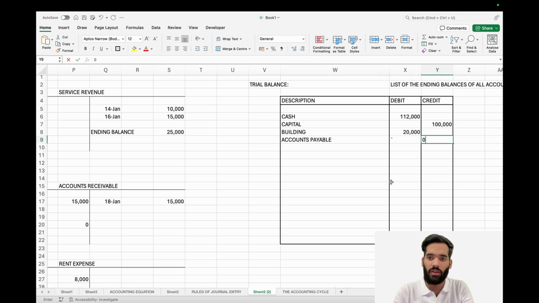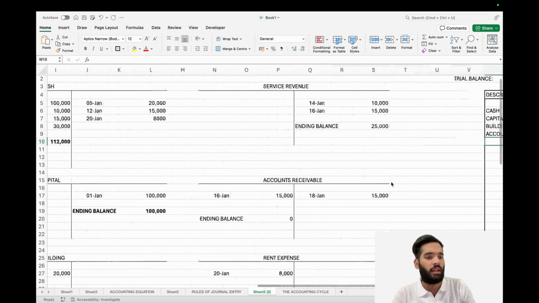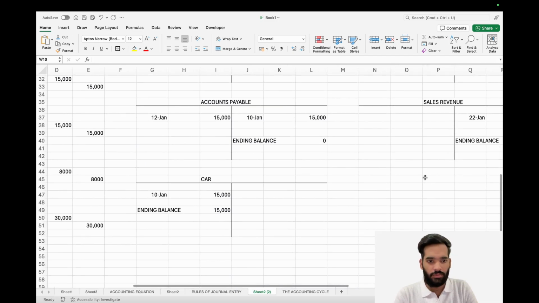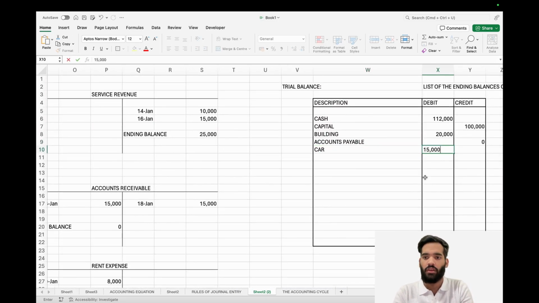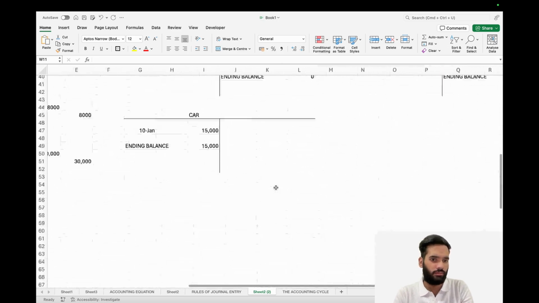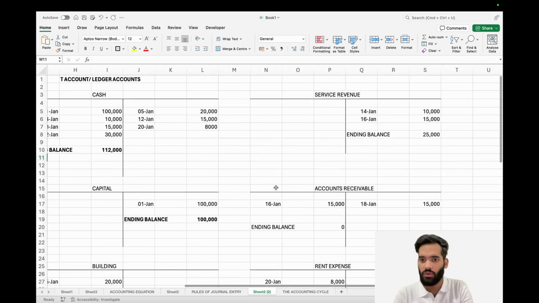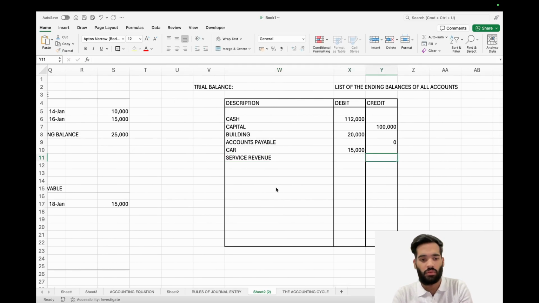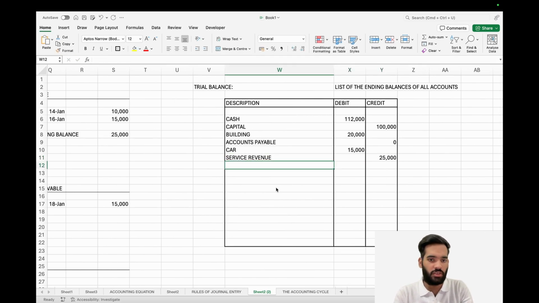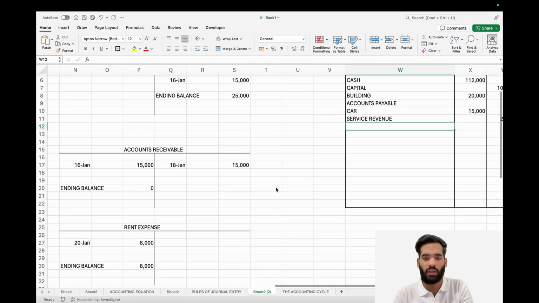It doesn't really matter if we mention it or not. Okay, car 15,000 debit, and then service revenue 25,000 credit. Again, I'm literally just putting it on the increase side where the account increases.